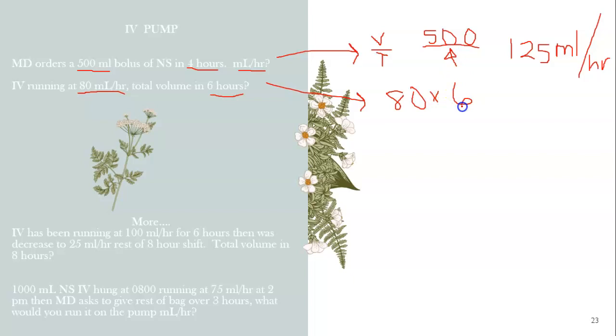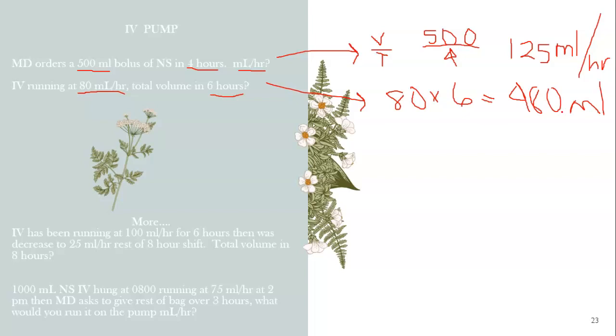So instead of giving me the total volume this time, like that 500 up there, it's asking me for the total volume. Okay? So I could put 80 plus 80 plus 80 plus 80 plus 80 plus 80 for 6 times. Or I can do the math and realize that I'm going to put 480 mils of fluid in this patient's body.